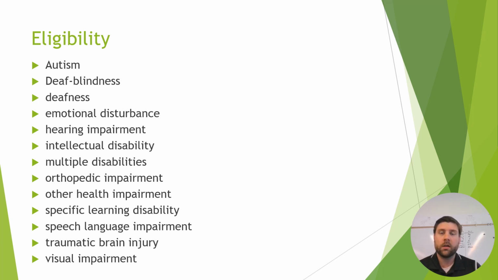So once the school psychologist has gone through the entire referral process and done the evaluation with the tests, they compare them to see which of these 13 categories that are protected by IDEA, the Individuals with Disabilities Education Act, the student qualifies for services for.